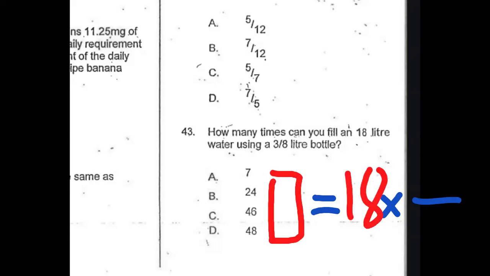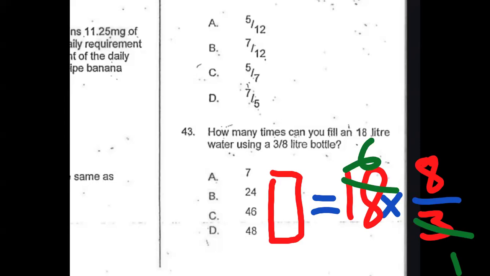Box is equal to 18 times 8/3. Divide that by 3, you get 1. 6 times 8, 48 it is. So that should be it for this right here.